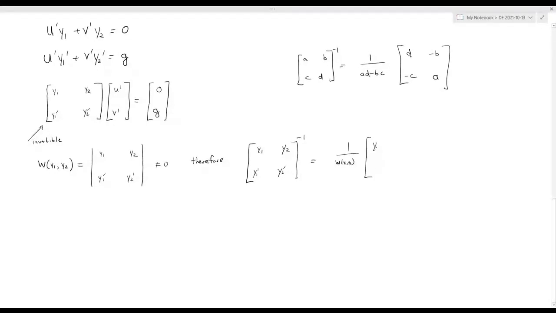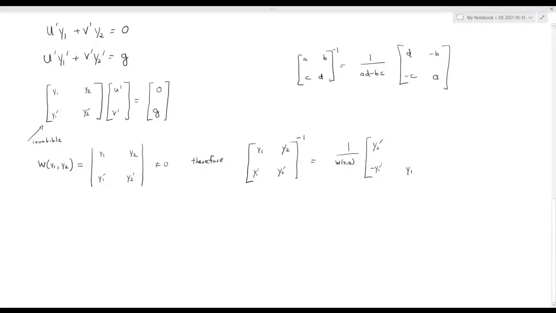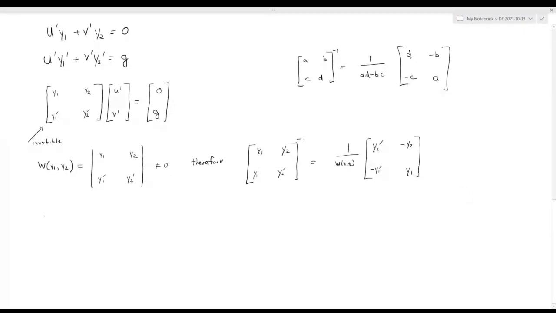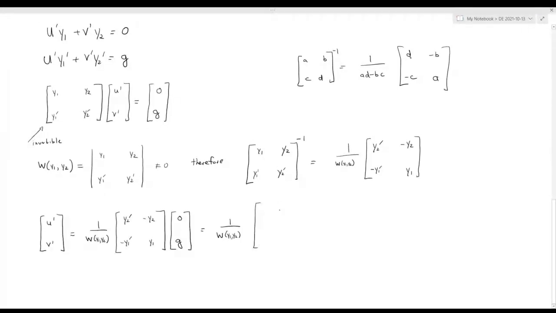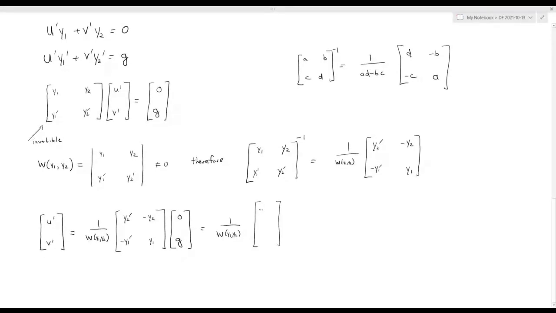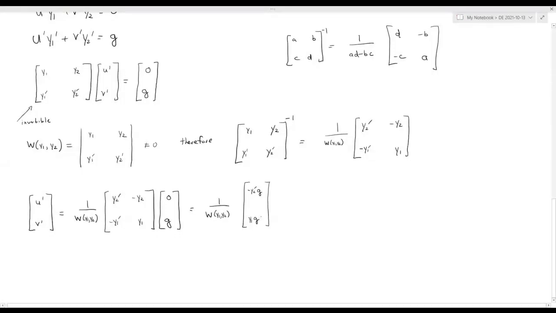We're going to exchange the diagonal entries and change the sign on the off diagonal entries. Therefore, we can just use the method of inverses here to solve for u prime and v prime. So multiplying the matrix with a column, we get negative y2 prime times g for the first component, and then y1 times g for the second component.